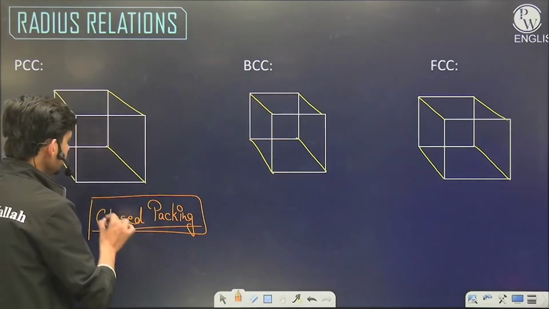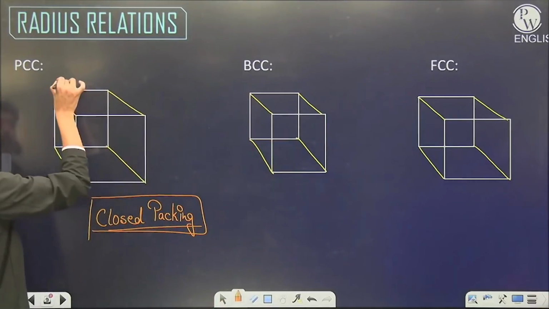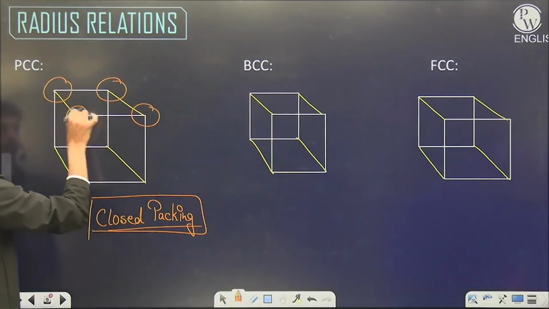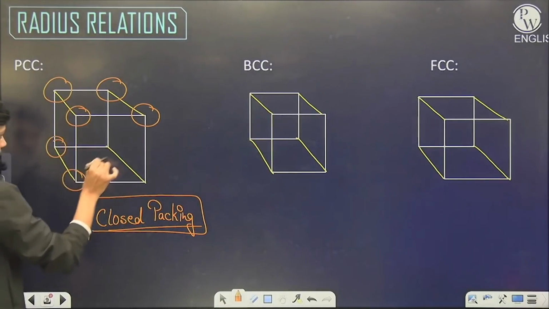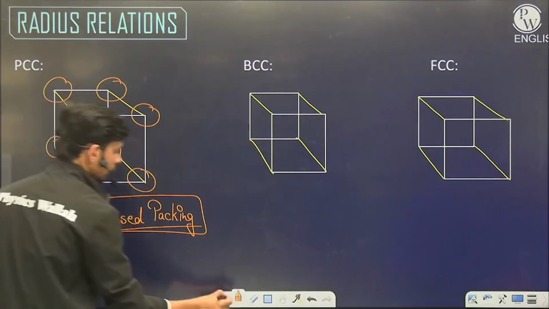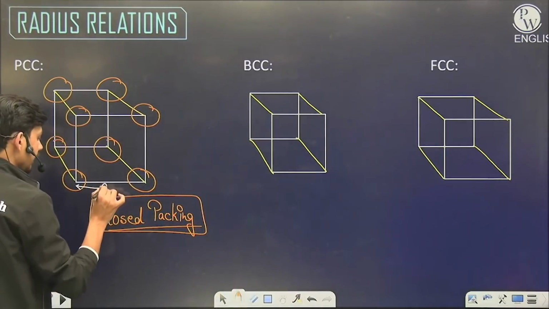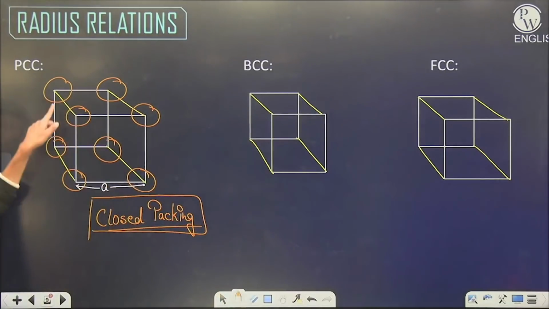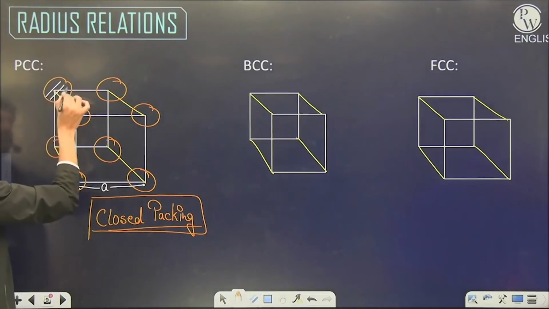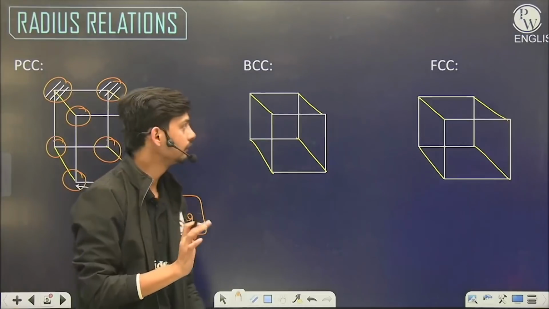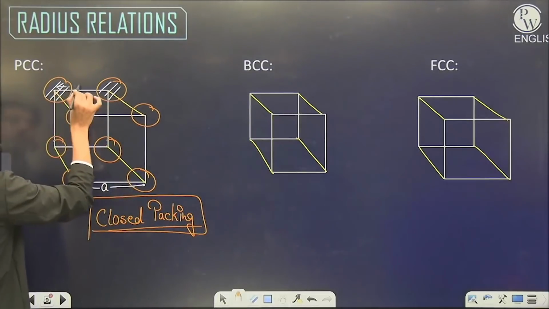So if we assume this closed packing, this is a PCC packing in which atoms are present in the corners. Now if the edge length of the cube is A, then any 2 atoms present in the nearest corners are having the minimum separation.